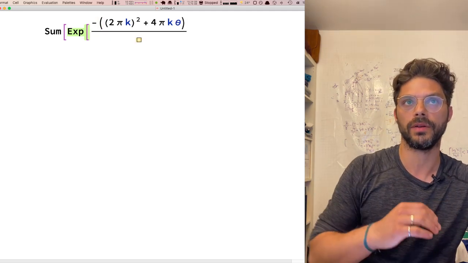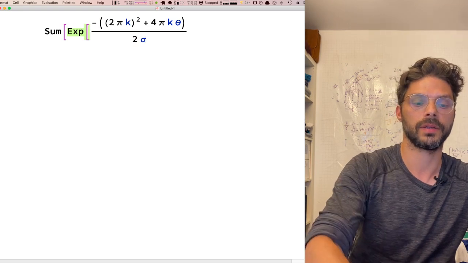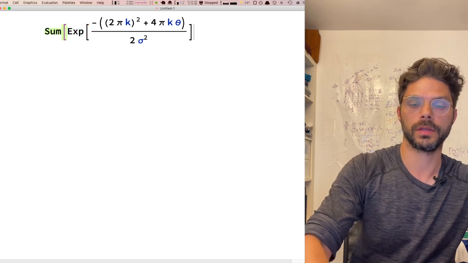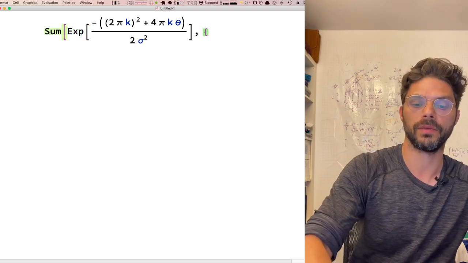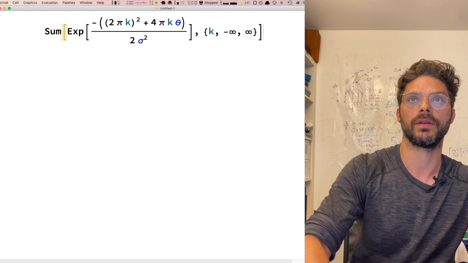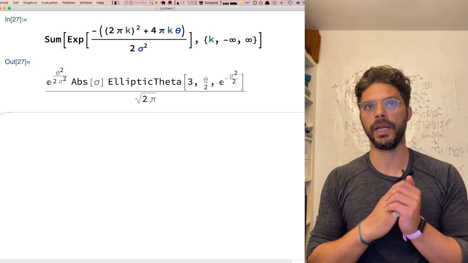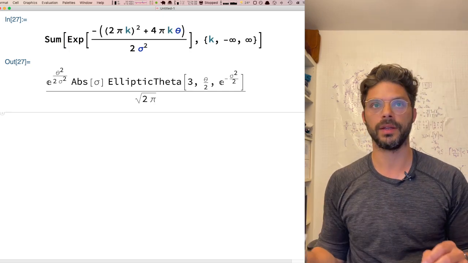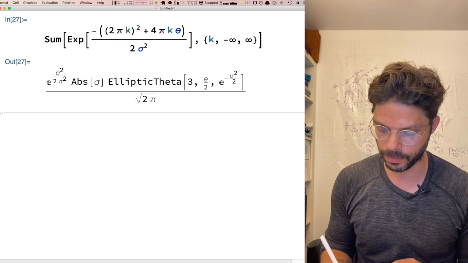Okay, and all of that over 2 sigma squared. And we want this evaluated as the sum over minus infinity to infinity. Okay, and it immediately comes back with something that looks interesting. Okay, so I'm going to write that down.